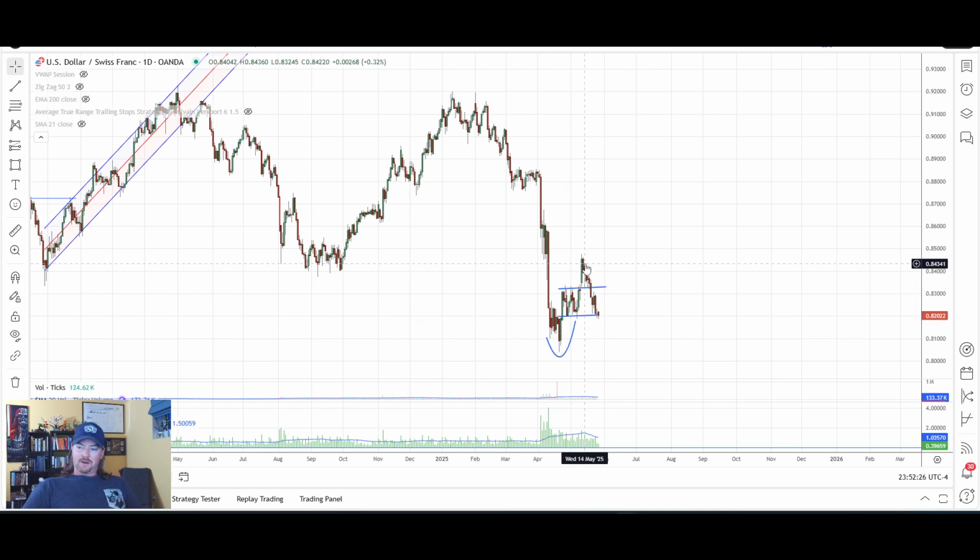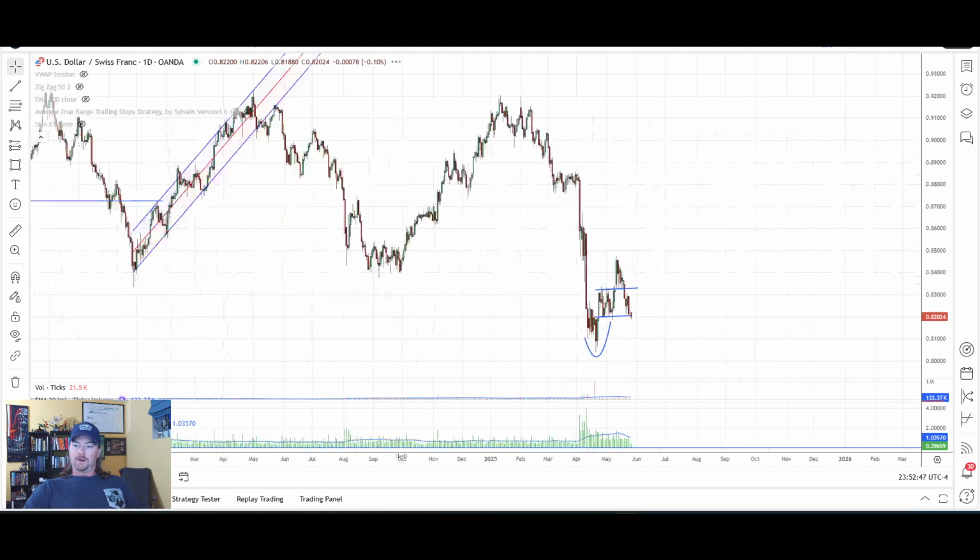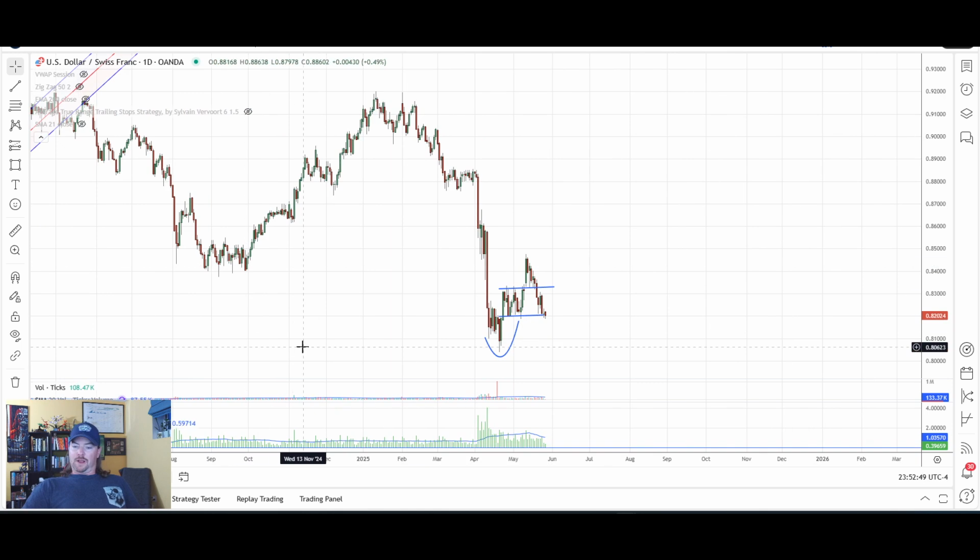After this kind of strong move up, we've just got back to that low there, so this could be a reversal back to the downside, or this could just be choppy. It's not the super clean kind of trend that we like to see, that we've been seeing earlier on in this pair over the last while. So I just view this as a bit in conflict.